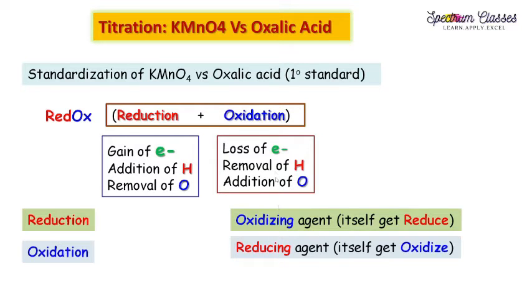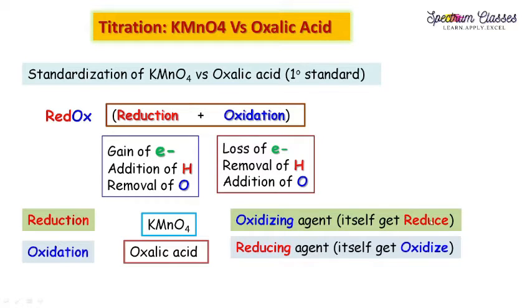So this is the brief overview about reduction and oxidation and about the redox titration which we are going to perform here. Here we are using KMnO4 as well as oxalic acid. KMnO4 in this titration will get reduced and works as an oxidizing agent.